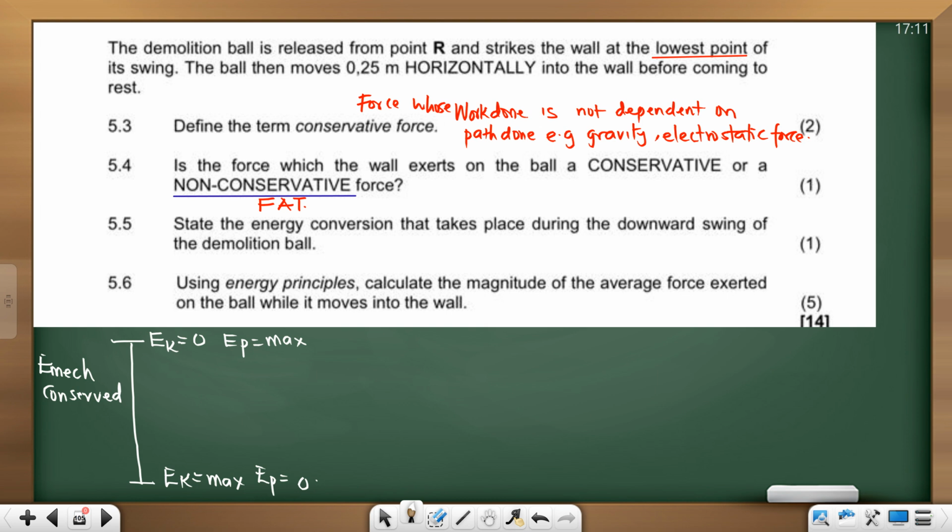In the middle, potential energy is converted to kinetic energy. So as potential energy decreases, kinetic energy increases. That's the conversion there. Potential energy is converted to kinetic energy. I hope we are good with that theory part.